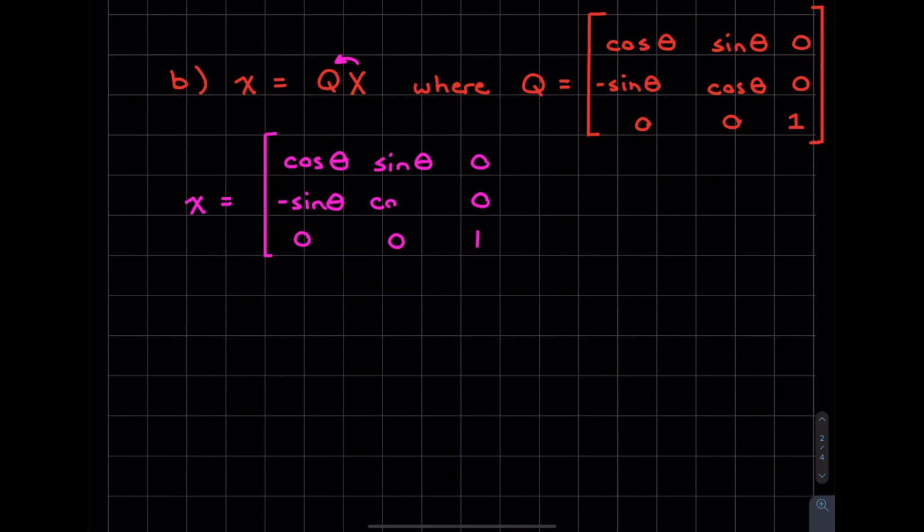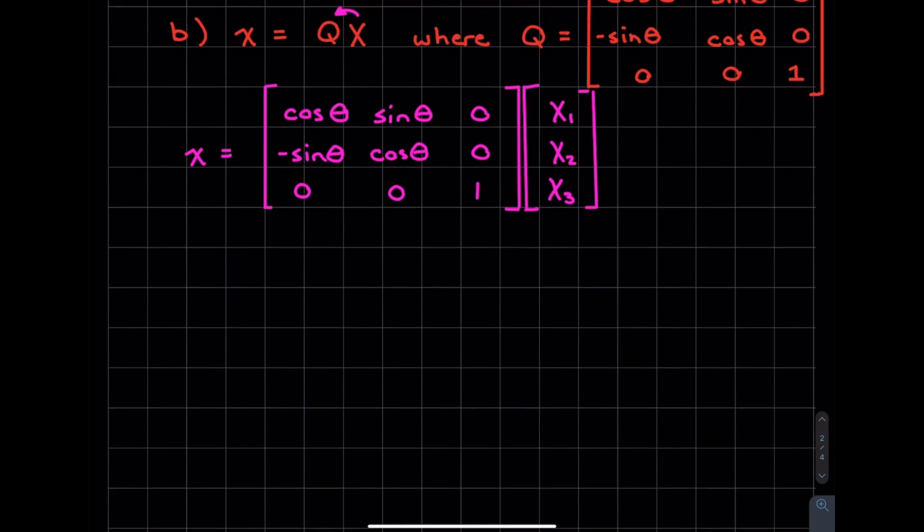Then we're going to multiply this by x, which in this case is just x1, x2, x3. So this is what it means by x is equal to Q of x.